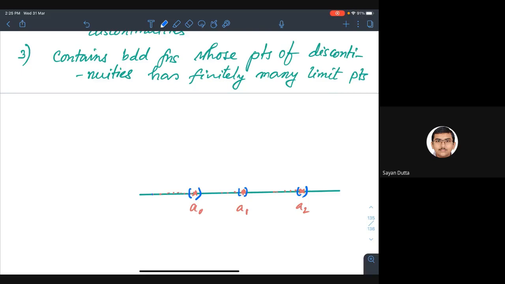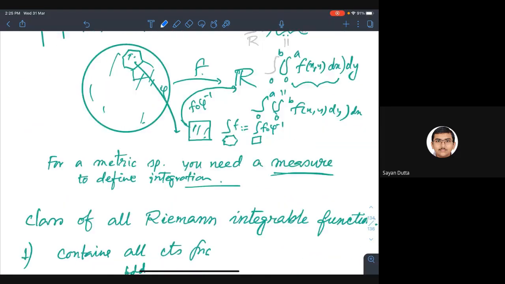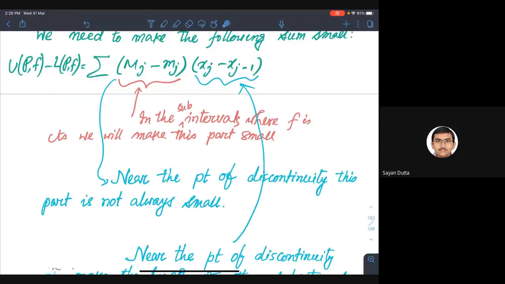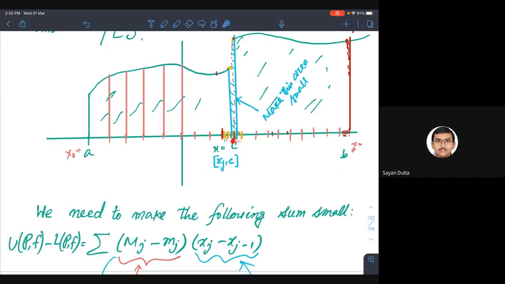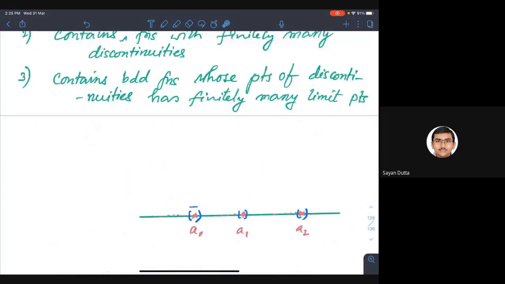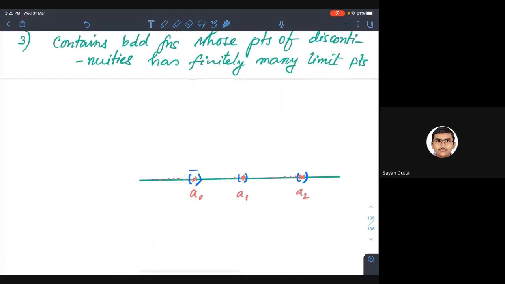In this case, we look at this neighborhood and this neighborhood, as small as we please. As we did before for the points of discontinuities, we will now do for the limit points. So these are limit points. There we take small neighborhoods. Now in that neighborhood, almost all the points of discontinuities will be there, except finitely many, right?